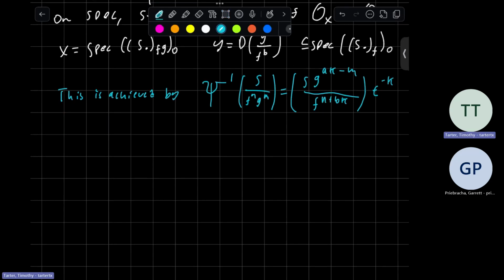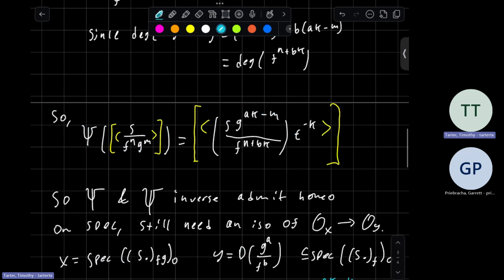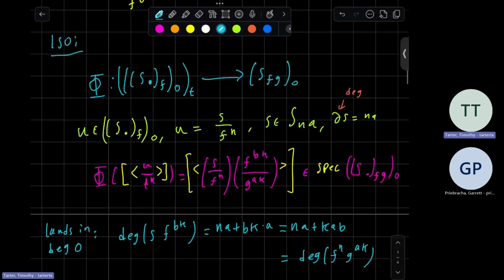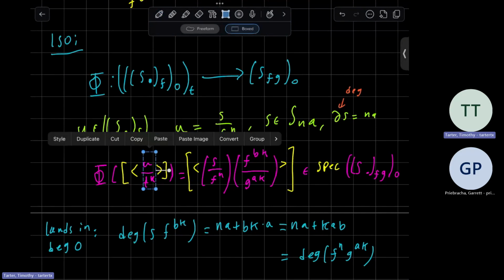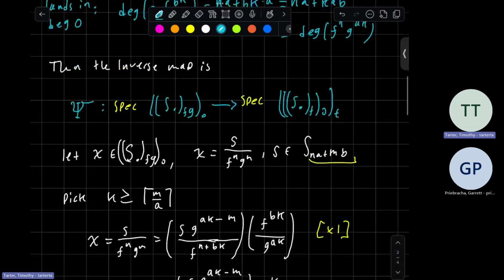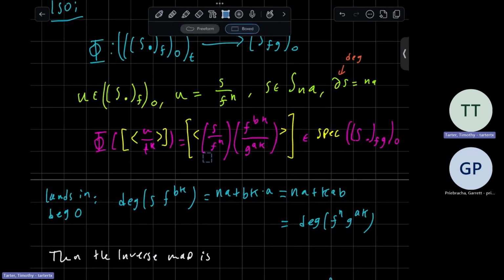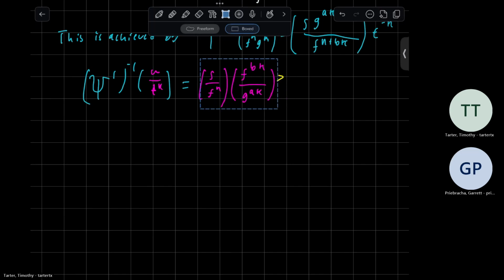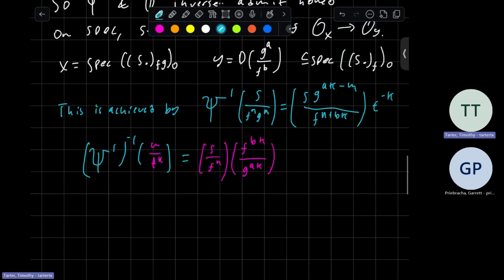and then phi prime inverse. Oh, inverse of u over t to the k getting sent, okay.